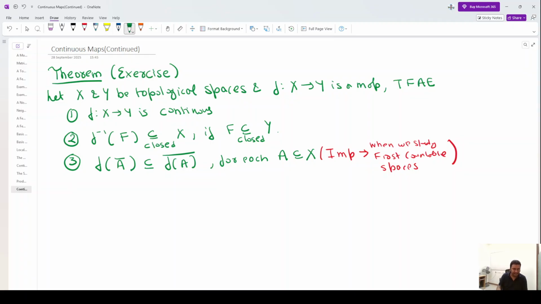Okay, and fourth, again I have to see, I don't remember these things. The closure of f inverse of B is sitting inside, I think, f inverse of the closure of B. You can naturally guess, right? For all B in Y.